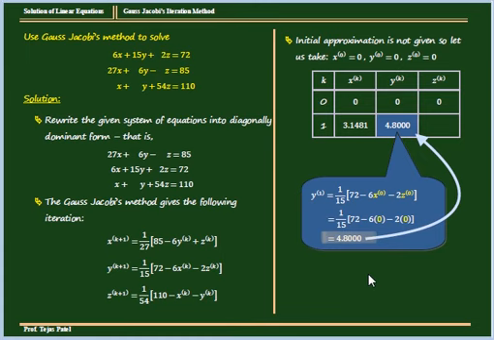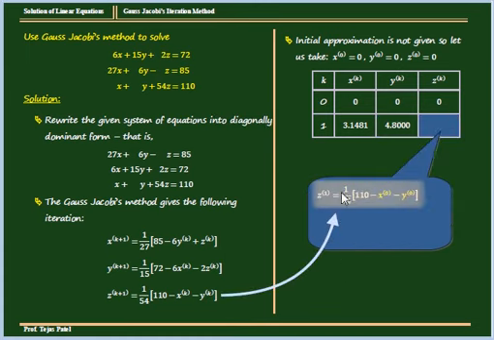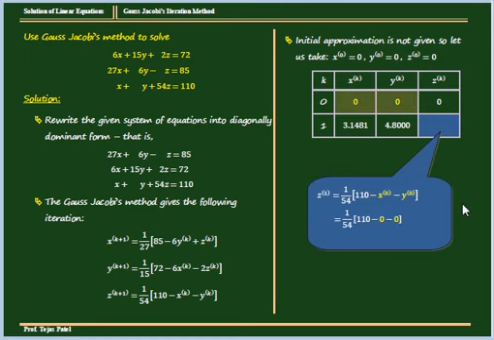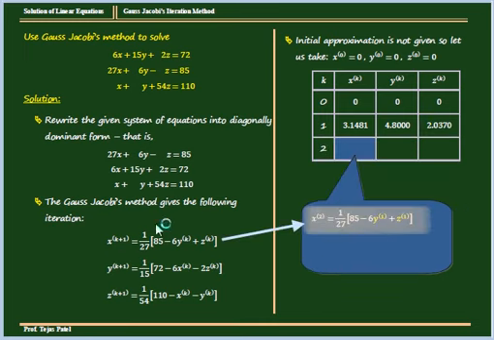From the third equation, z1 is equal to 1 upon 54 110 minus x0 minus y0. We can see that x0 and y0 are 0 0, so substitute this value in the equation and solve this, we'll get 2.0370. Then for second iteration we'll substitute k equal to 1 in the iteration formula.